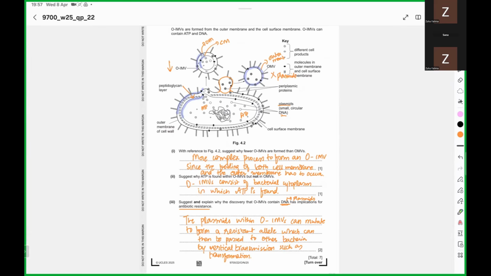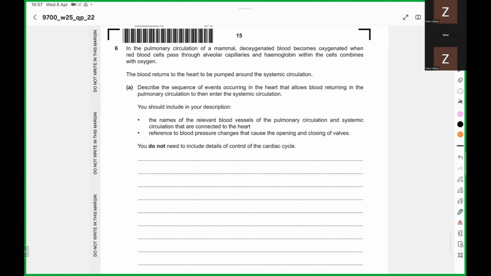Okay. Let's move to question number 6 and then wrap up this paper. Okay. So question number 6 states, in the pulmonary circulation of a mammal, deoxygenated blood becomes oxygenated when red blood cells pass through alveolar capillaries and hemoglobin within the cells combines with oxygen. The blood returns to the heart to be pumped around the systemic circulation.